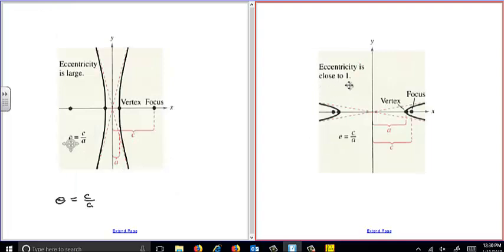This is one that's closer to 1, and it's stretched out, it actually goes in the other direction. Notice how this one's kind of crowded in this direction, and this one's crowded in this direction. These are both with a horizontal transverse axis.